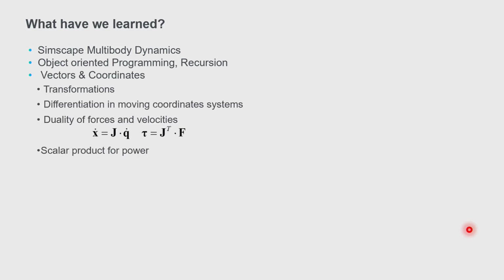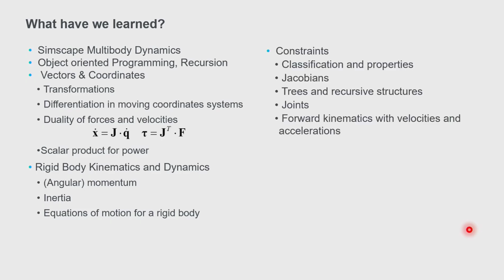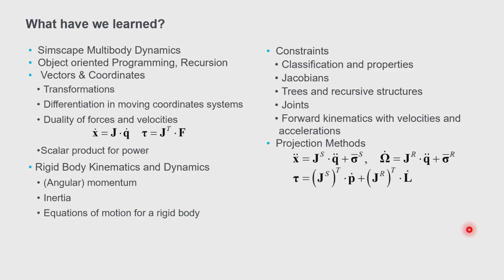We learned about basics, vectors, coordinates, rigid body dynamics and kinematics, which I actually considered a repetition, but I think it's also very useful to see this multiple times from different angles. We talked about constraints and kinematics in a very general way, and then we did these projection methods to get our equations of motion and rounded it off with implicit constraints and collisions.